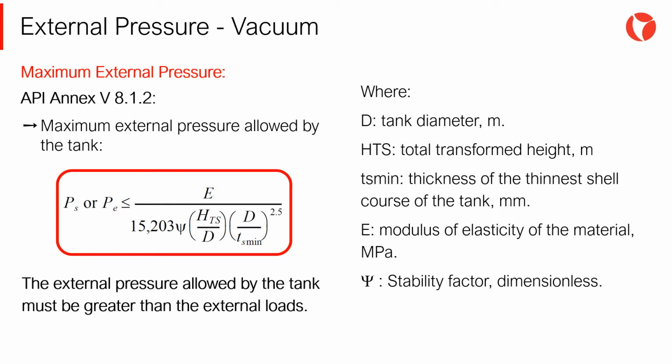Once all factors described in previous sections have been considered, the allowable external pressure must be obtained. The allowable tank shell external pressure must be greater than the external loads.